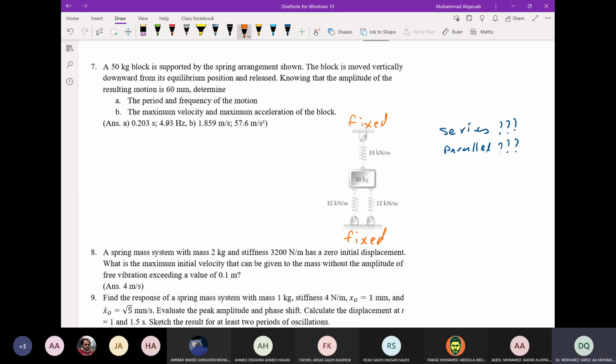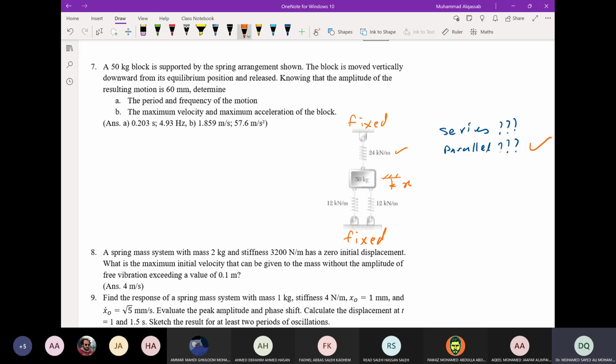So if you take the deflection downward as x, this spring will go downward x, so it will have deflection x. And the 2 springs below the mass will also undergo a distance equal to x. So the 3 springs are in parallel. This is the answer.